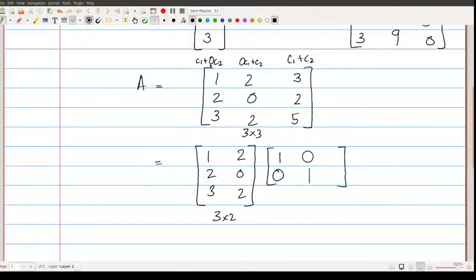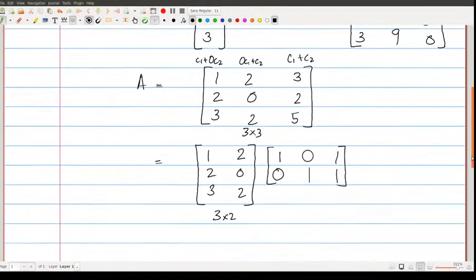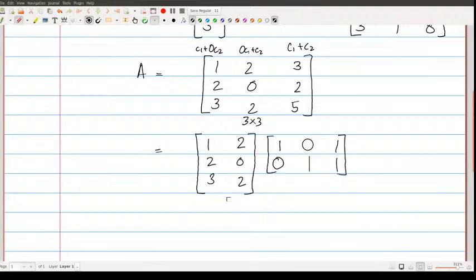And so these are where the numbers are coming from, and the last numbers will just be 1 and 1. Okay, so you've sort of broken this rank 2 matrix into what I'm going to call the C and the R, which is a matrix of independent columns, and a row matrix that tells you what combination of these columns to take to construct your matrix.